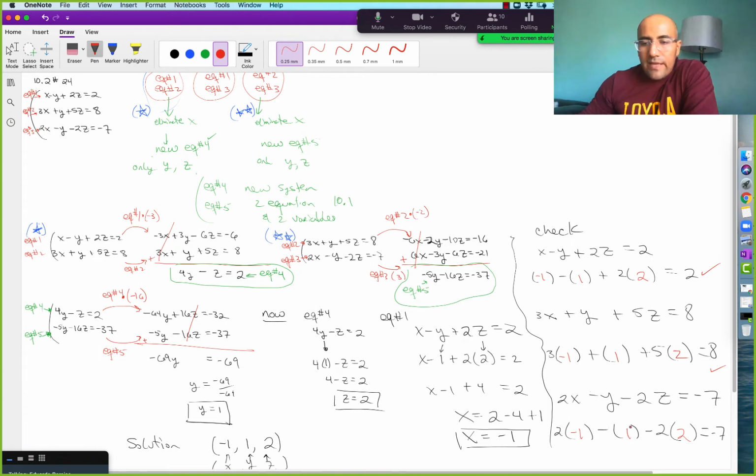That would be -2 minus 1 makes it -3, minus 4 makes it -7. Yep, it worked out. Good. So we found the triple ordered pair that solves this system of equations. Questions?